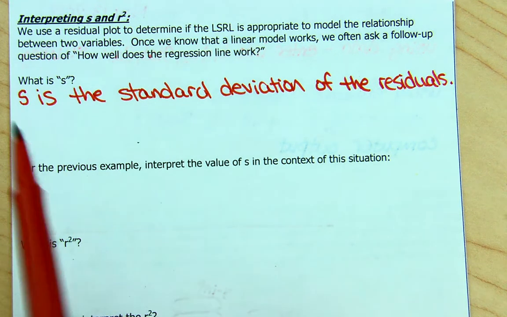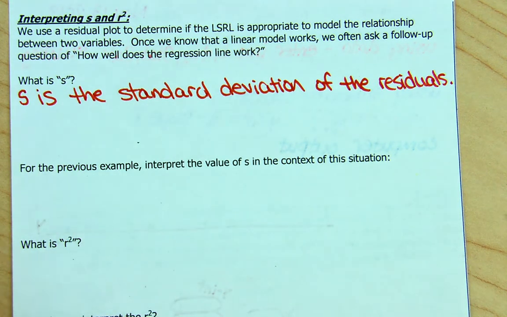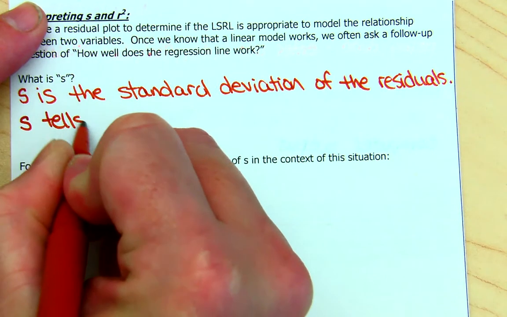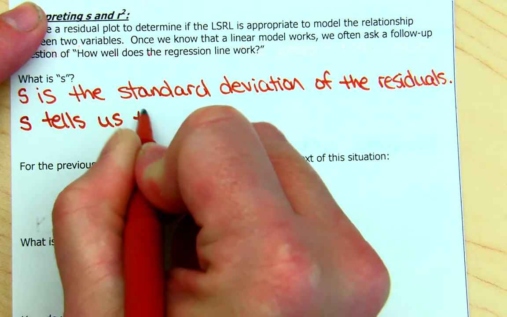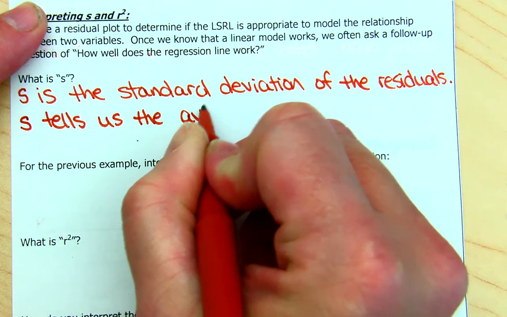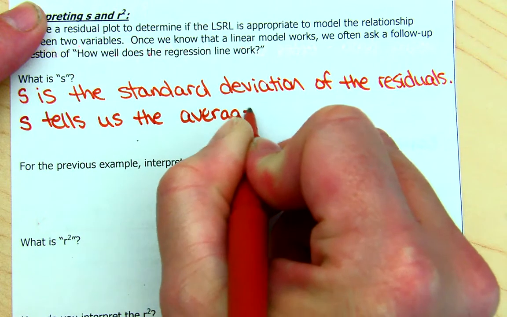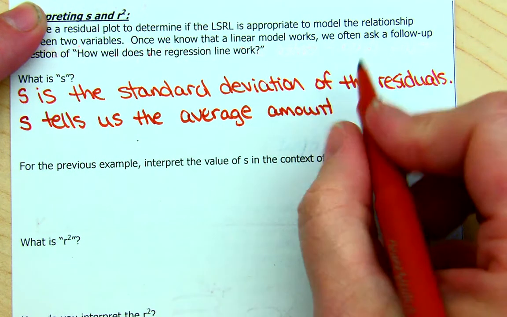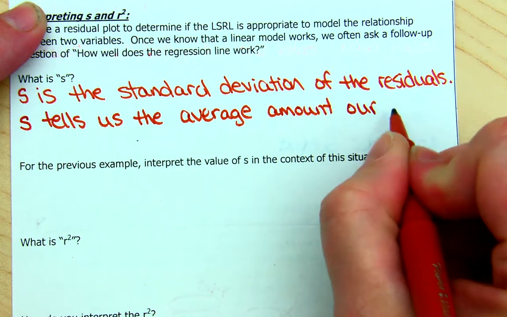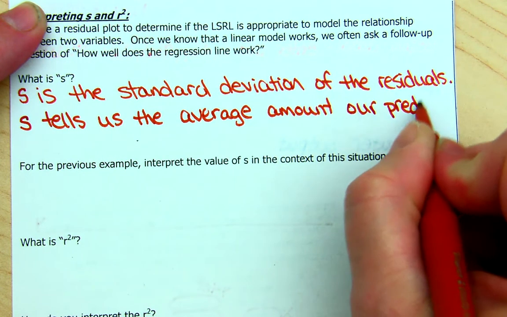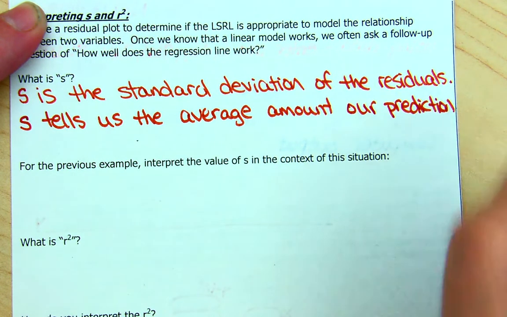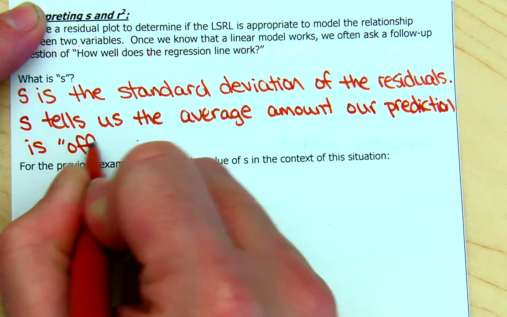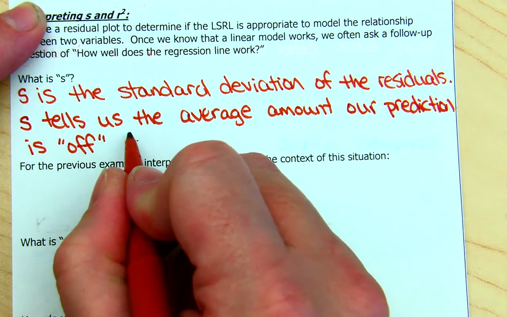So this is the average distance it is from the data values. So S tells us the average amount our prediction is off from the actual value.